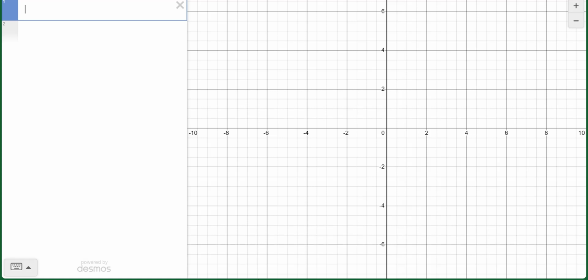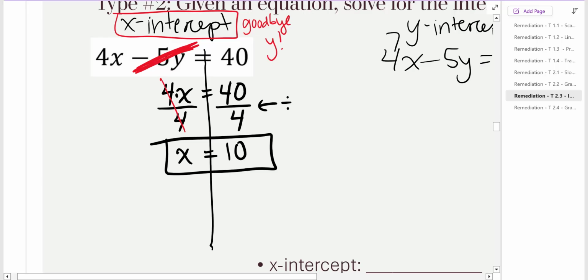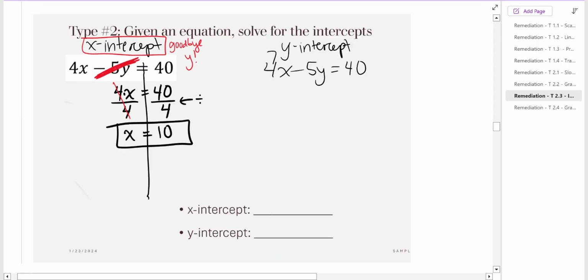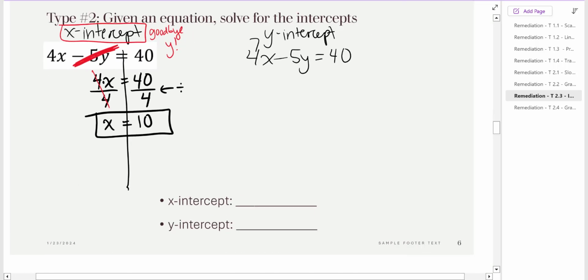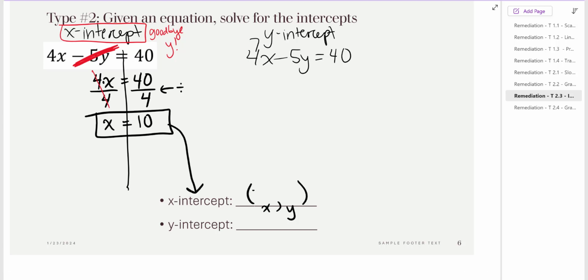Okay, now you need to write it as a point. So x is 10, y is 0. And that's the x-intercept.